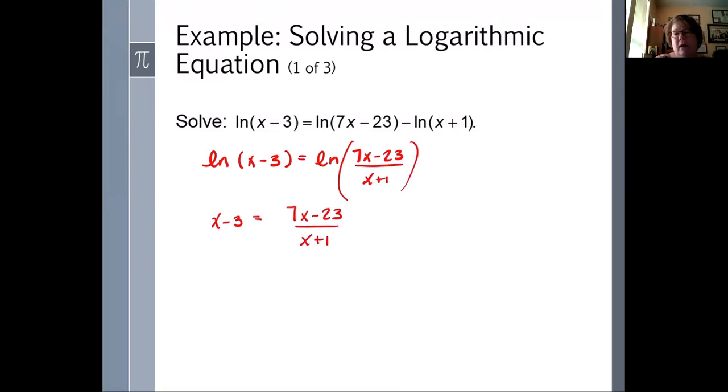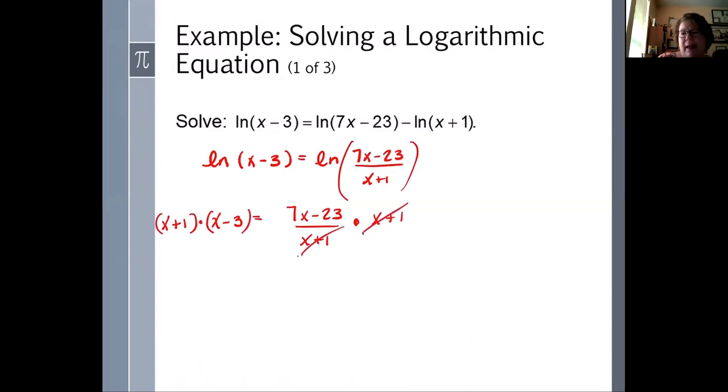And this is a rational equation because I have a rational expression on the right-hand side, but I can multiply both sides by x plus 1, and I get the same thing that I did before.